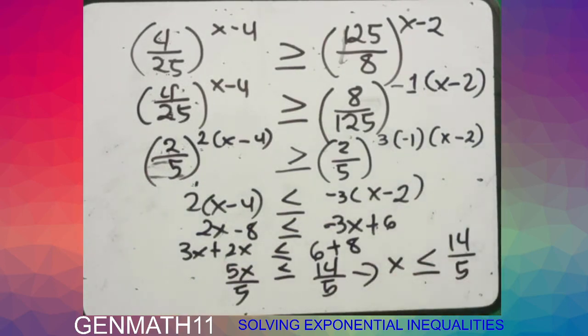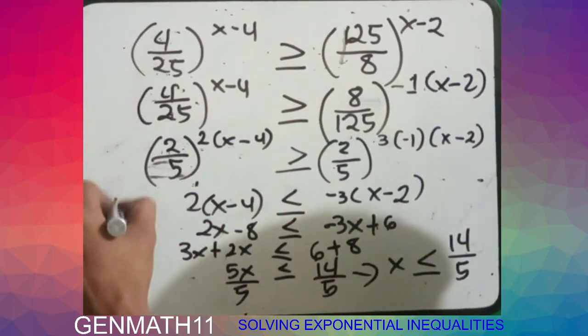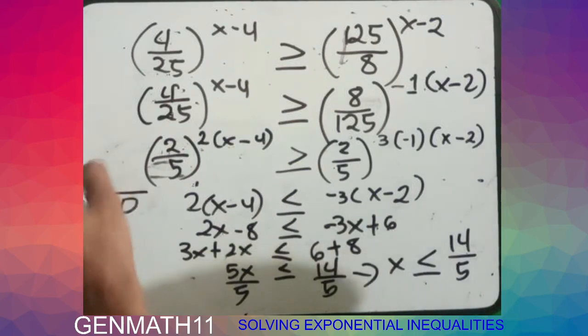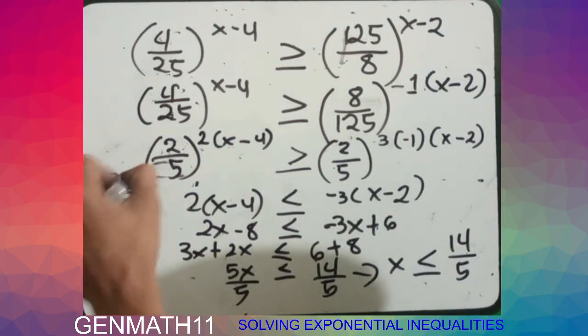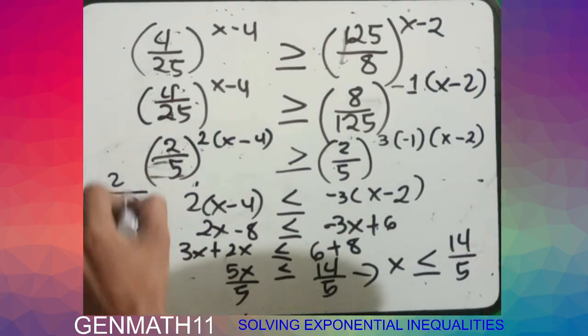Or pwede natin siya i-convert into decimal. Pero dahil minsan kasi nangyayari is hindi yung ating decimal is repeating or mahaba, ang ginagawa na lang is yung fraction na lang yung nilalagay. Try natin. So, 140 divided by 5 is 28.